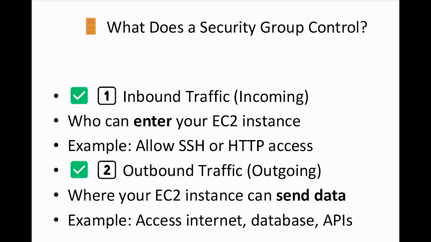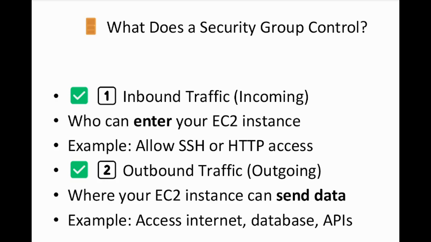For example, allow SSH or HTTP access. If you allow it, the security group will permit it. If you deny it, then the security group will not give permission to enter your EC2 instance. Okay. So this is the inbound traffic.